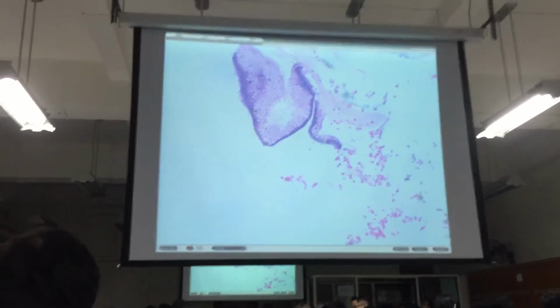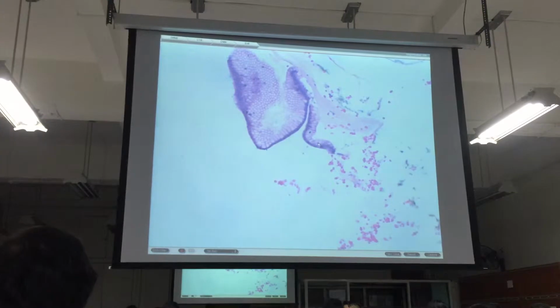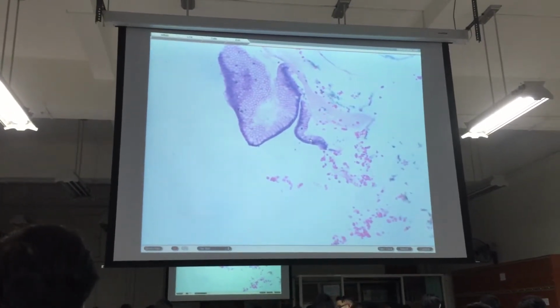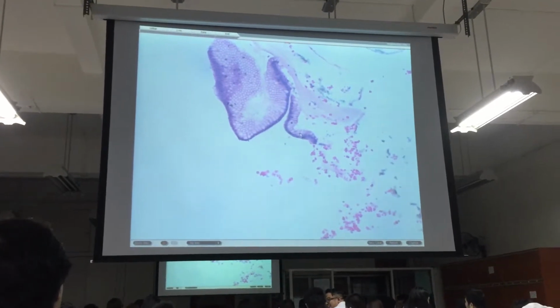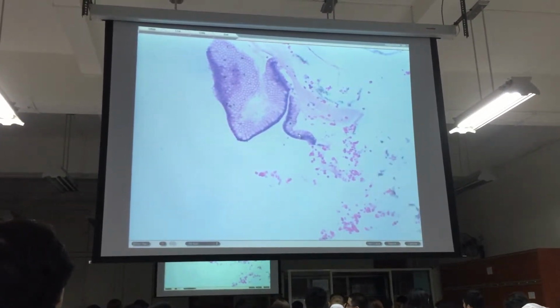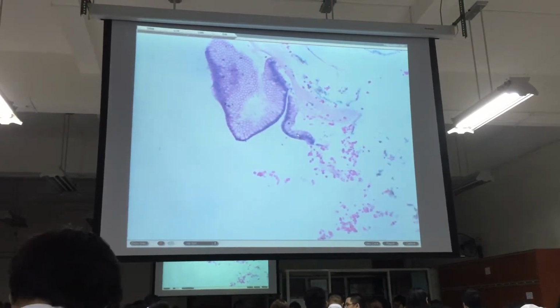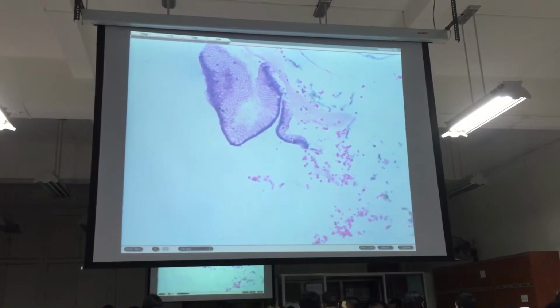Okay, so this epithelium is similar. You've seen this in what area? In the endocervix. So this epithelium is lining a cyst in the ovary. So you call this cyst your mucinous cyst.